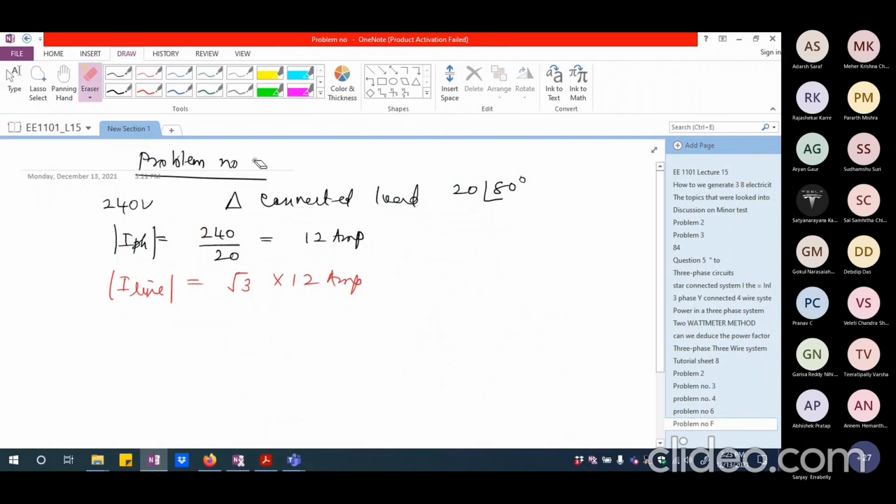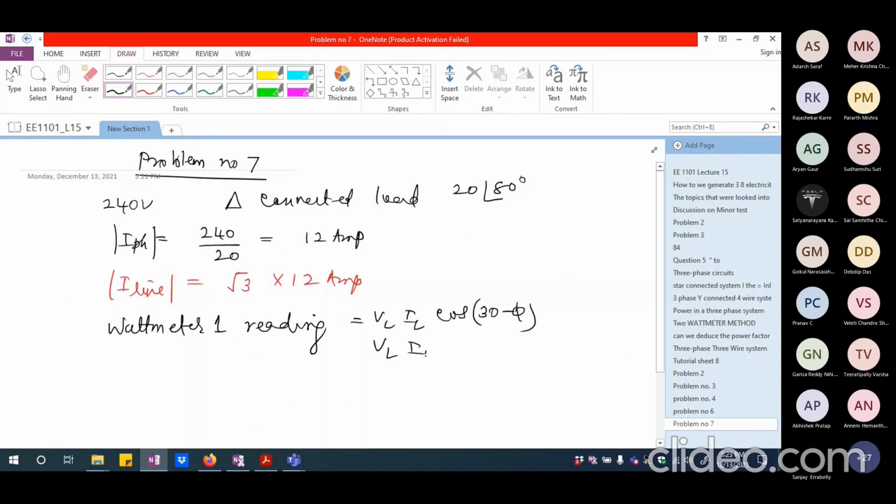Okay. So if I say that this is line current, so wattmeter 1 reading is going to be VL IL cos of 30 minus phi.